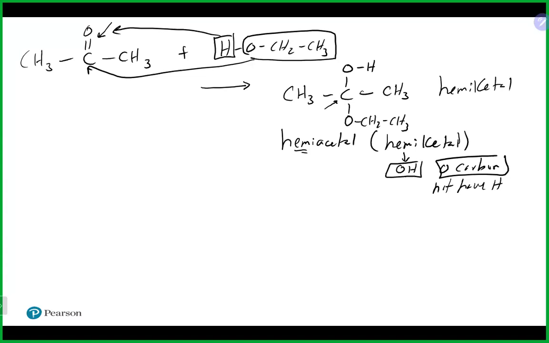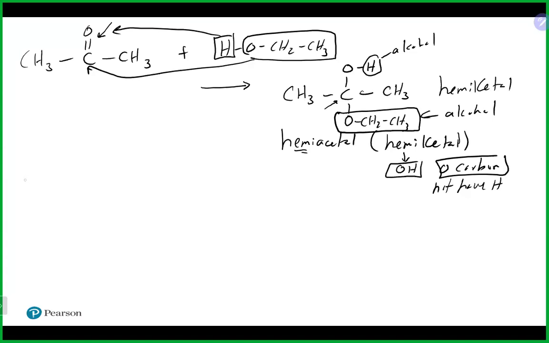And again, it's basically this H from the alcohol and this oxygen carbon part from the alcohol basically goes there. So it's very similar to how we add the two hydrogens. We just break the double bond and put one part up on top and one part on the other.